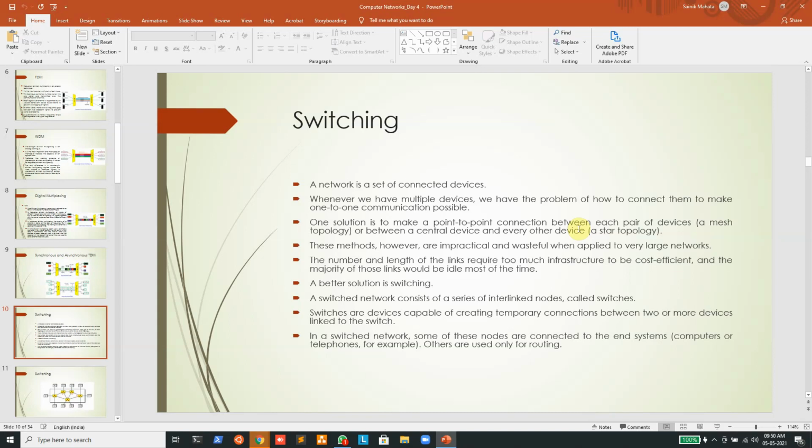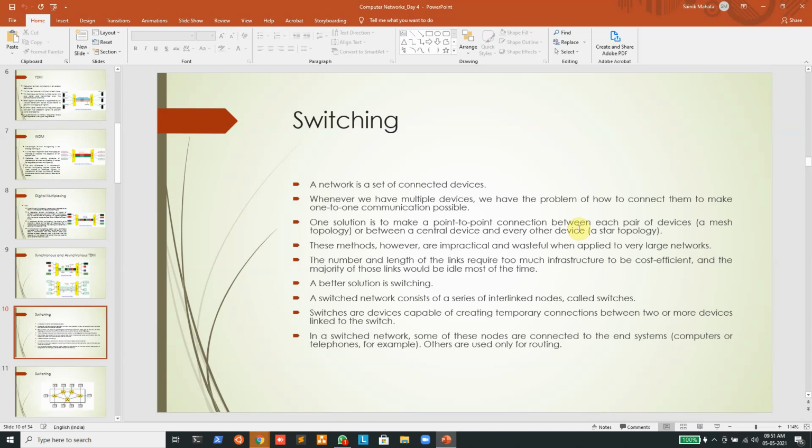If the network becomes large and I connect all the devices using mesh topology, much more communication medium will be used, and that is not feasible. Similarly, what's the disadvantage of a star topology, as we discussed earlier? If the central hub fails, the whole network will come down. This is not practical for actual large networks.